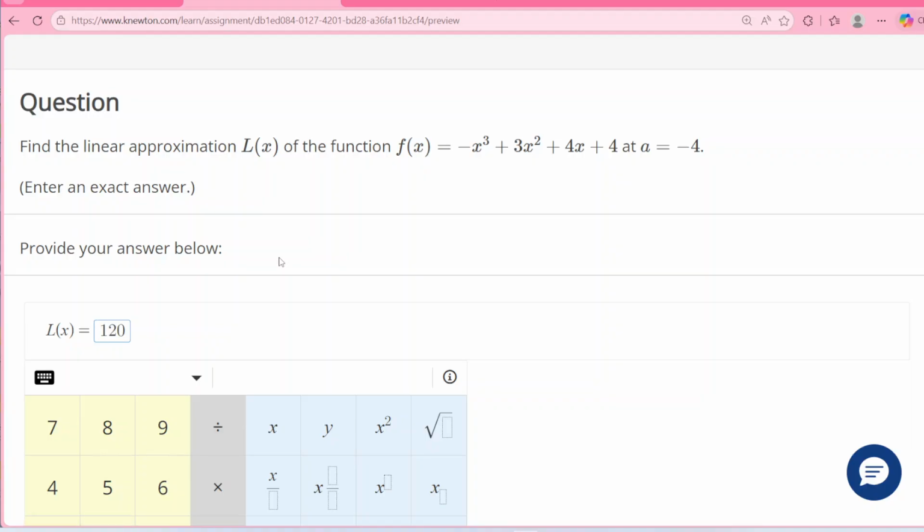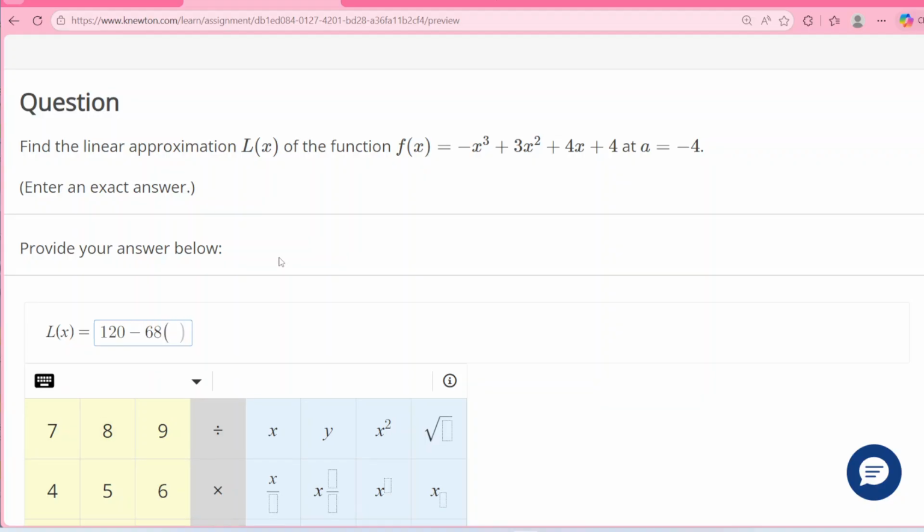So the value of f at negative 4 was 120, plus the value of f prime at negative 4, which was negative 68, so I got minus 68 there, times the quantity x minus negative 4, which is x plus 4, and this should be good. That's a perfectly good equation for our tangent line. y equals, or L of x equals, this expression here.